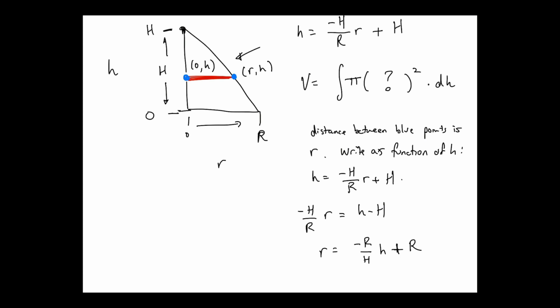No, because if I flip over the fraction, the h's would cancel, right? Okay, is that good? So just algebra. Now I have this in terms of h, so I can substitute it in up there.